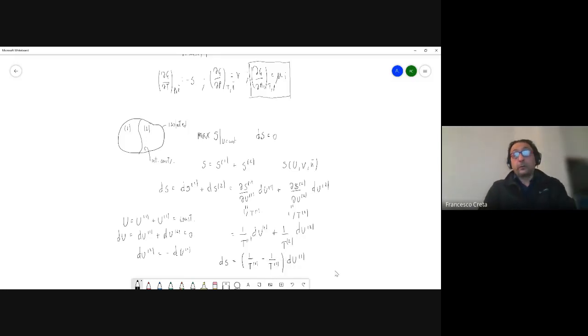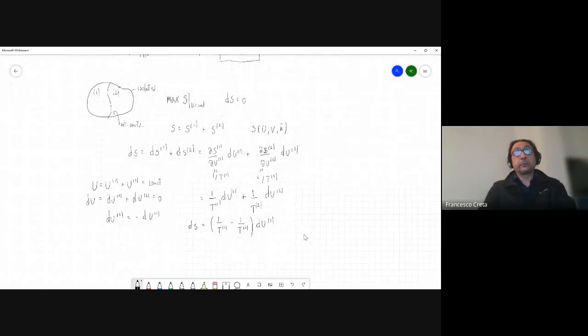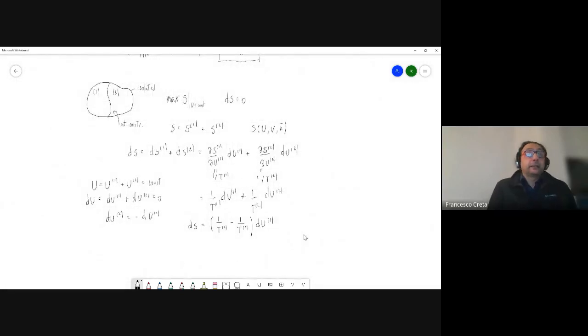So how is this useful? So we said that for an isolated composite system like this, okay, dS equals 0 is the condition of equilibrium. Well, we have rewritten now, for a diathermal wall, dS as this expression here.